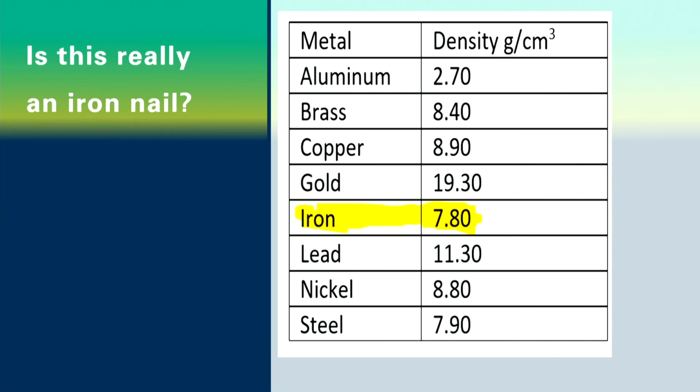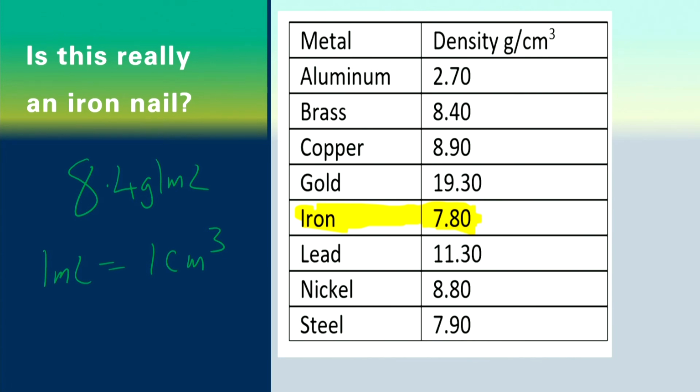So move to my chart with iron. So 7.8 and we got 8.4 grams per mil. And remember that 1 milliliter is the same as 1 centimeter cubed. They're used interchangeably. If it's irregular, you're using volume, water displacement, so that's why we have milliliters.